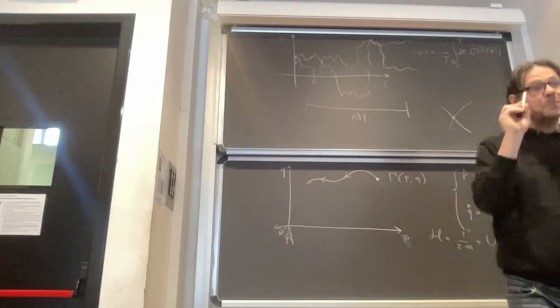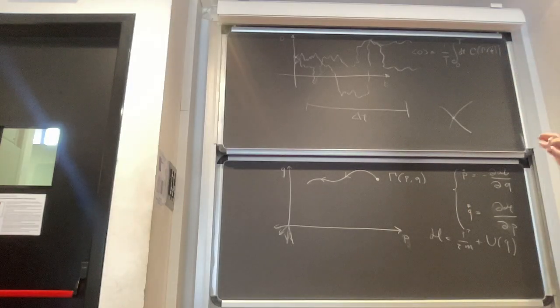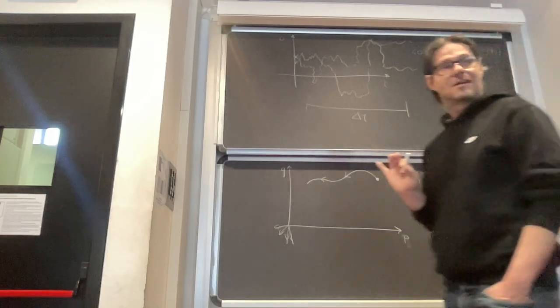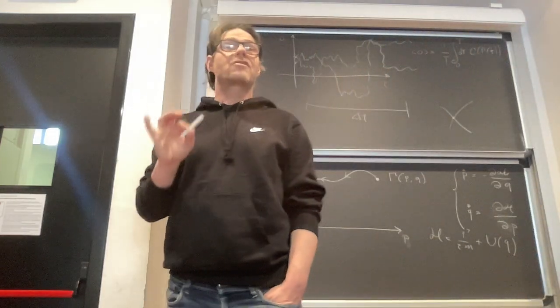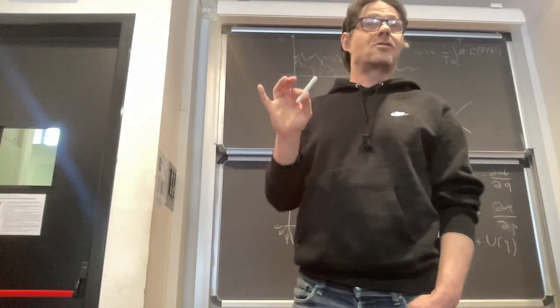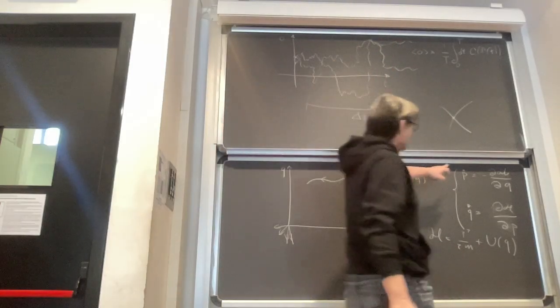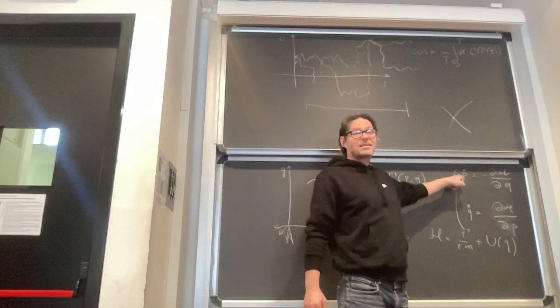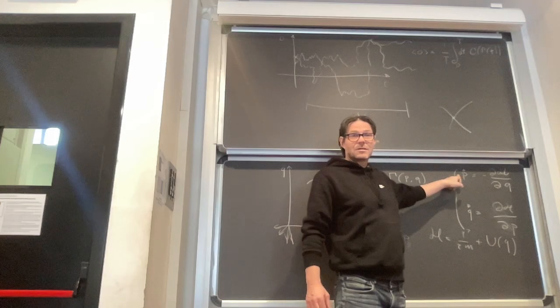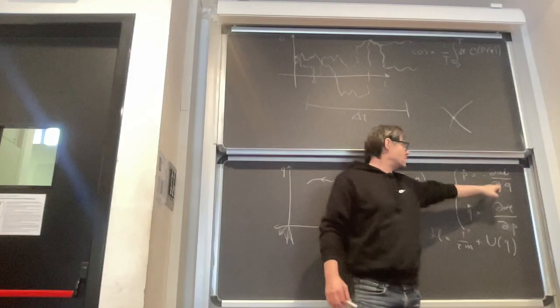It is very important to emphasize that at the level of the equations that we've written so far, time is reversible. In other words, if you take Hamilton's equation and you send time to negative time, the Hamiltonian doesn't change.